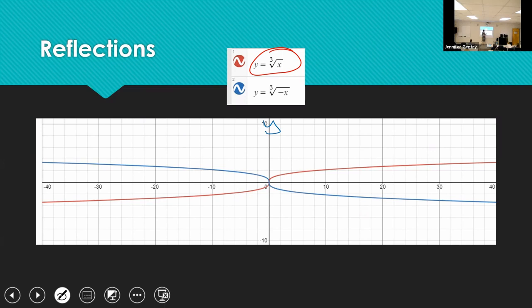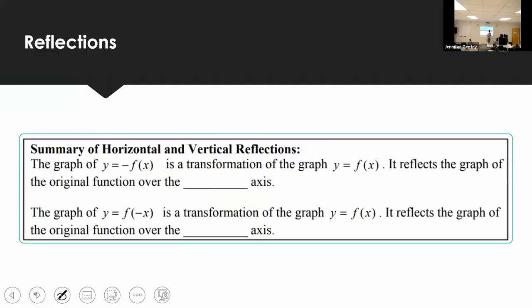Okay. Since you're y, where'd my negative go? In the inside. These go fast. Really, the table that's coming up is what you guys are going to want to make sure gets put in your brain.